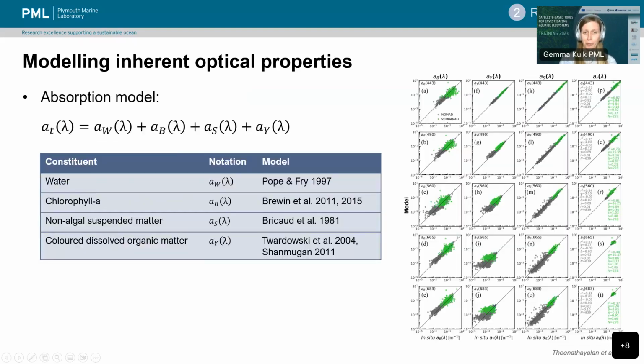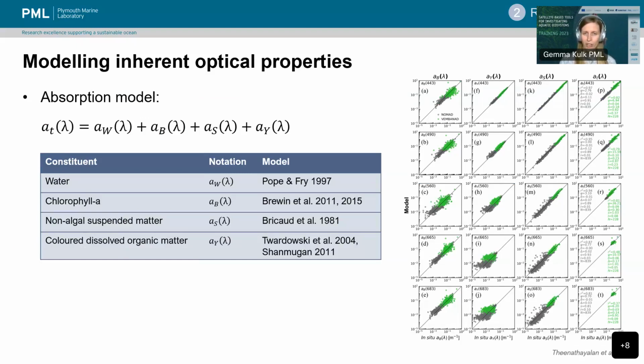I start with the absorption model, in which total absorption is the sum of the absorption from water, phytoplankton biomass or chlorophyll A, non-algal suspended matter, and colored dissolved organic matter. To estimate the absorption of these constituents in the water, different models were used that are listed in the table, and you can find the details of those models in the references.